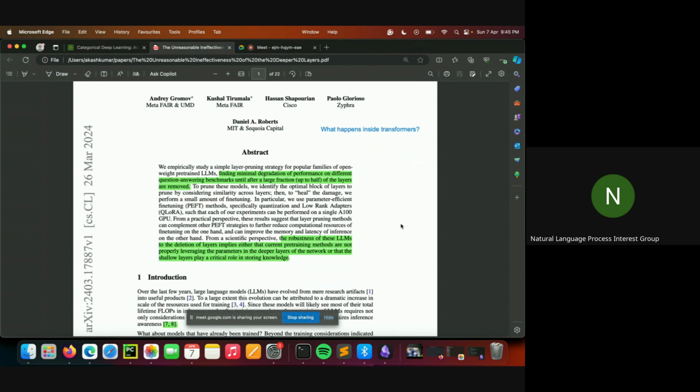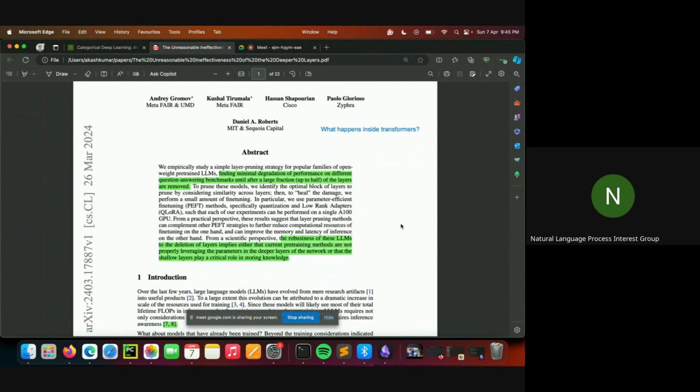There have been a lot of papers already trying to understand the optimum amount of data that we should pass to the model for best training, or what should be the number of parameters. So if this paper shows you can remove so many layers, then we really don't understand how many parameters are actually needed.